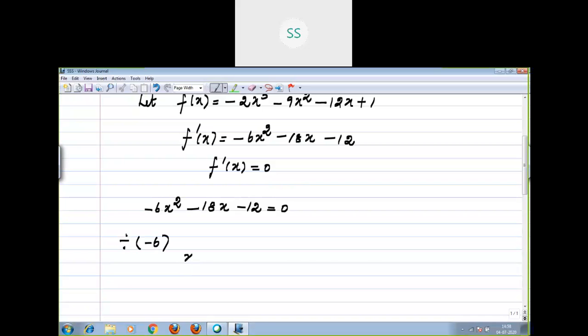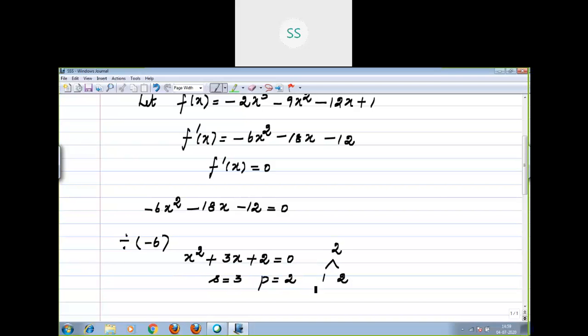You see, x square plus 3x plus 2 equal to 0. Then sum equal to 3, the coefficient of x. Product equal to the coefficient of x square and the constant. So here the coefficient of x square is 1, so 1 into 2, 2. What are the possibilities? You should write it on the right side. 1, 2.